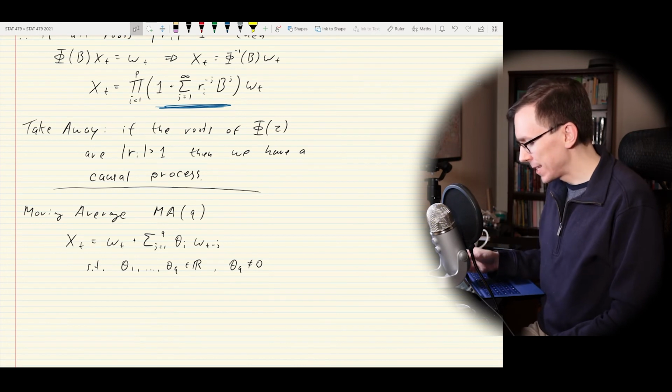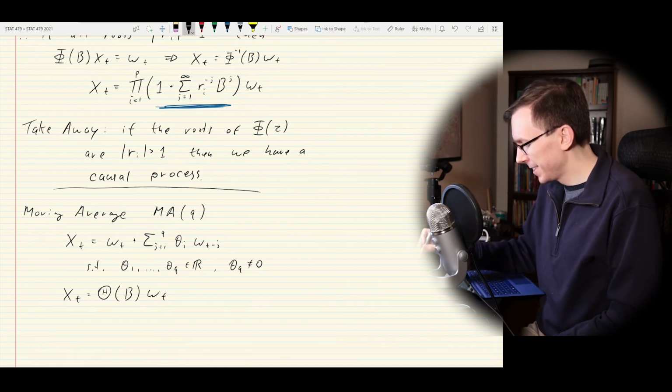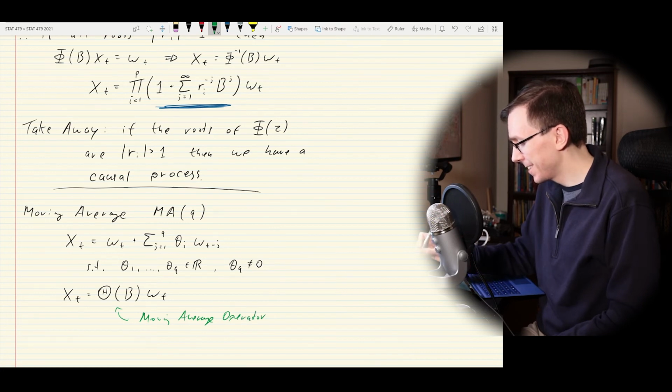Now we can write this once again using the notation capital Theta for our moving average operator.